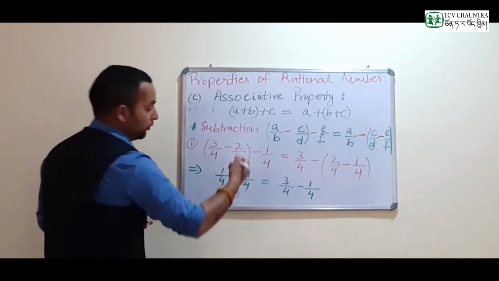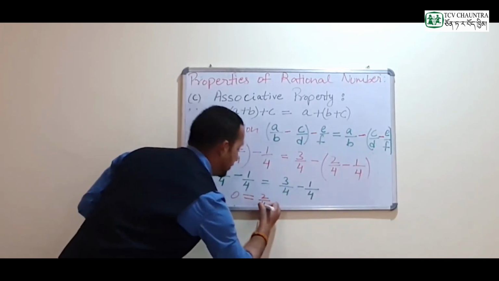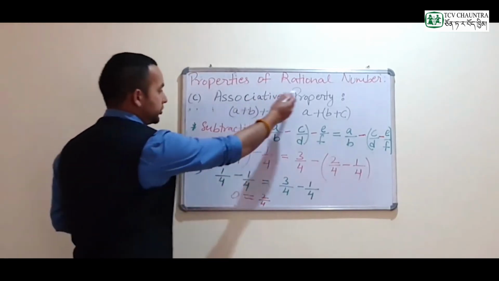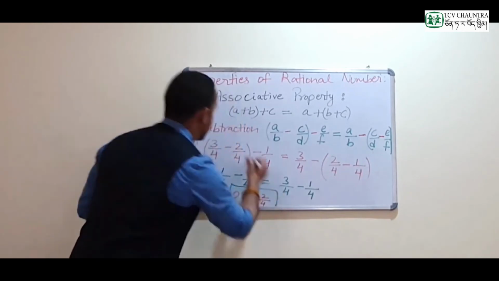On the right side it is 3 upon 4 minus 1 upon 4, which is 2 upon 4. This means left hand side and right hand side are totally different, which means associative property is not applicable for subtraction.